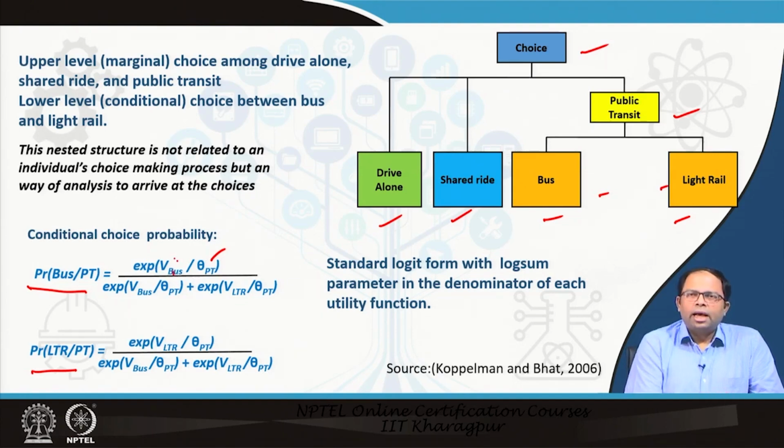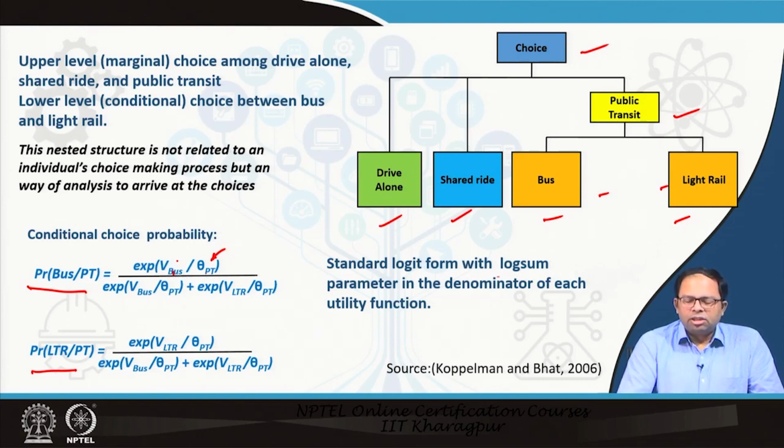Now, because of the MNL properties, this has no effect. We can introduce any scale parameter, it actually cancels out. So, that is not a problem at all.